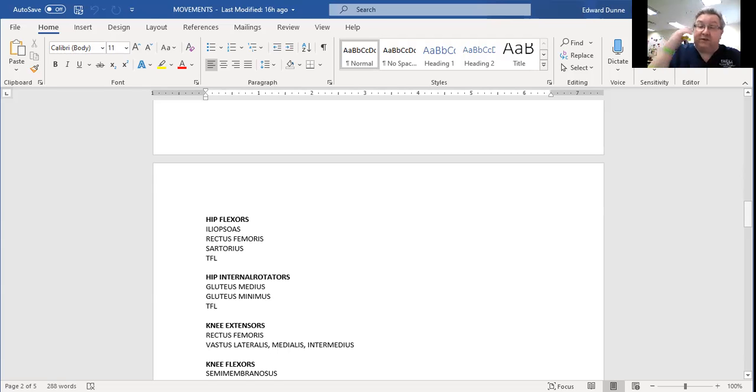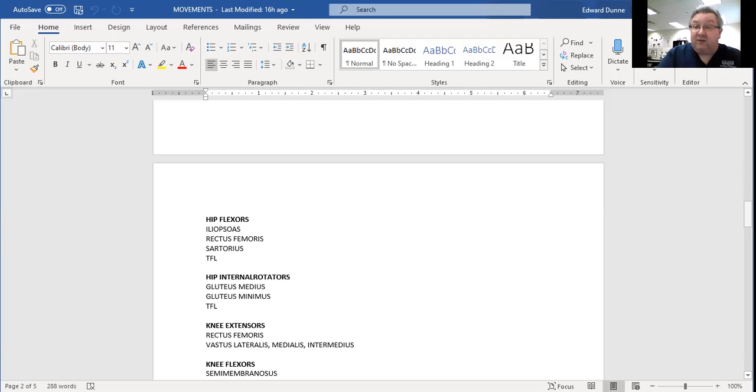You have rectus femoris, and you have the 3 vastus muscles. Rectus femoris has its origin at the AIIS. Remember, sartorius is at ASIS. And rectus femoris inserts into the quadricep tendon, creating the patellar ligament that goes into the tibial tuberosity on the tibia.